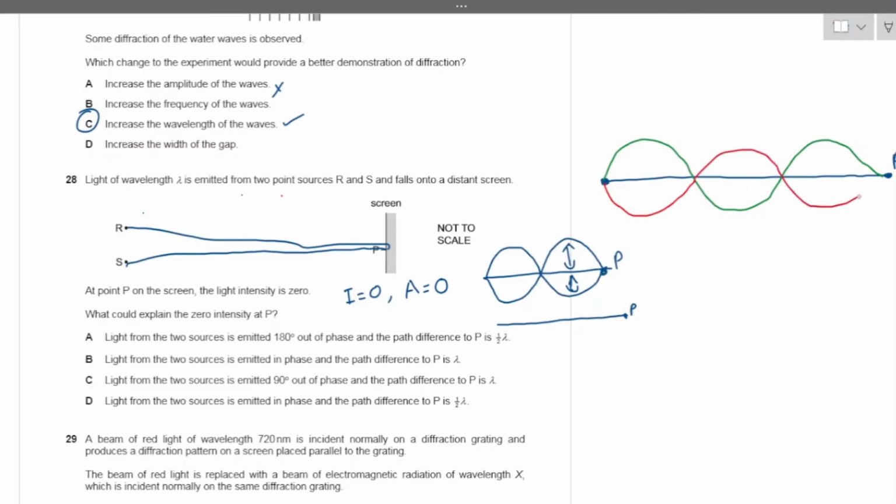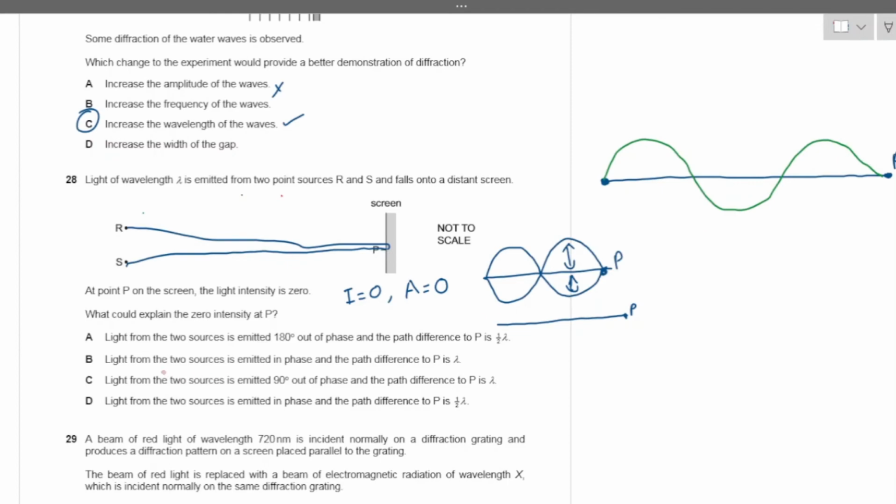But most importantly, they have said it would have a path difference of half wavelength. That means it's going to be shifted half to the right. You can see it just overlaps with the wave R. That means it constructively interferes here, and that's not what we want. We want complete destructive interference.